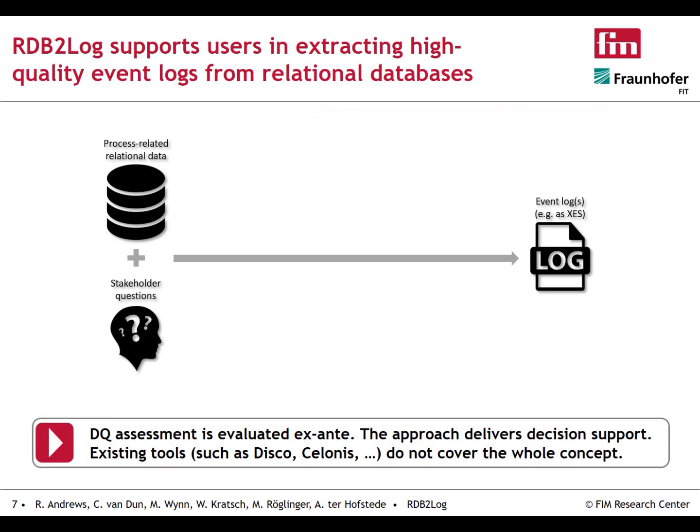So what you can probably see by now is that the way from here, from a process-related relational data set, such as the hospital IT system, to here, to the event log side of it, is not as easy as it's supposed to be. So although you might think that, well, the process data, it's all in here, the extraction should be quite simple.